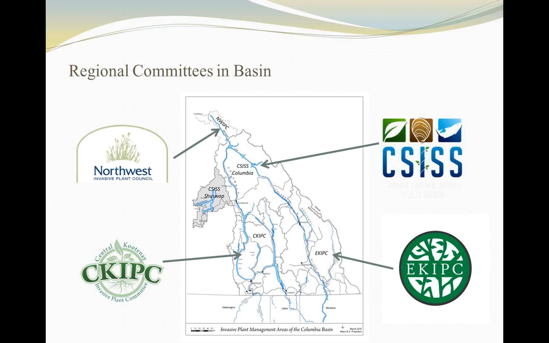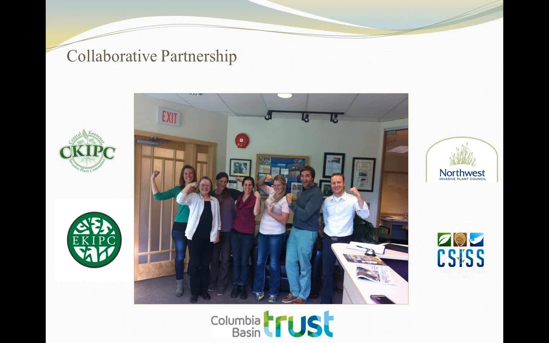So a collaborative partnership was formed between these 4 regional committees and the Columbia Basin Trust with the goal of developing a basin-wide aquatic invasive species program. And that was last fall.